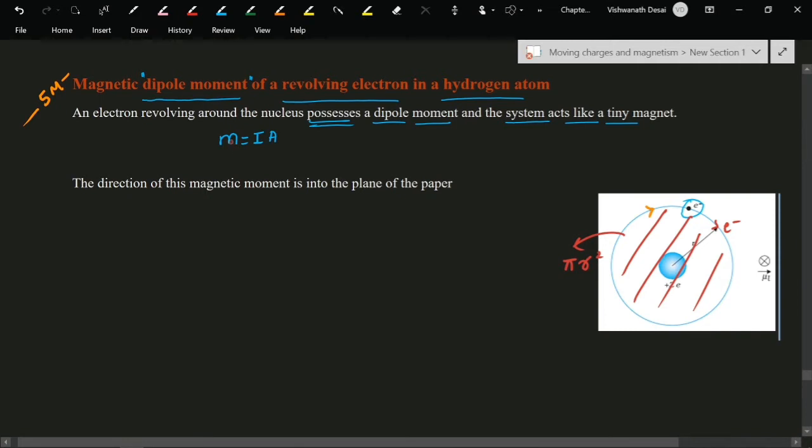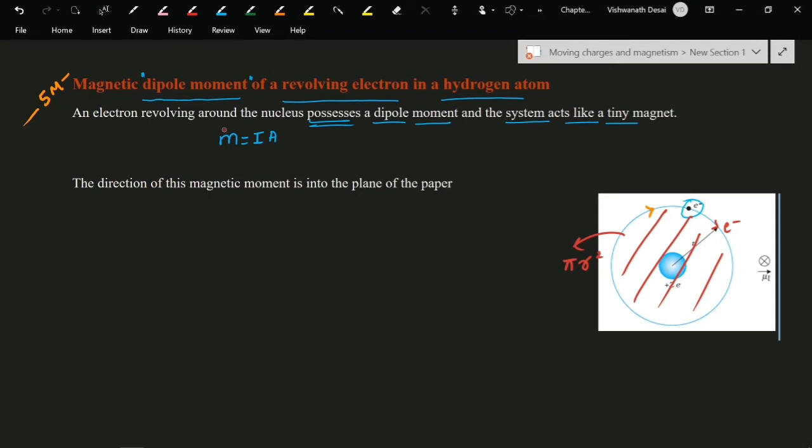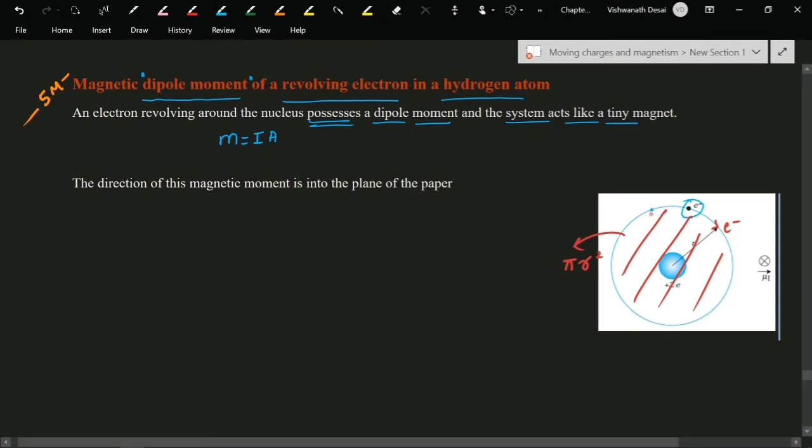But what is the direction of the magnetic moment? The magnetic moment is a vector quantity. Its direction can be found by using the right hand thumb rule, where you have to curl your finger in the direction of current. Here, what is the direction of current?